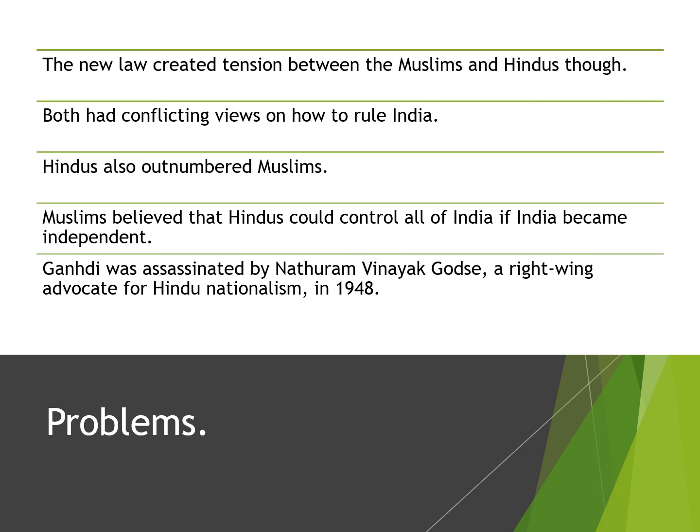Gandhi was assassinated in 1948 by a right-wing advocate for Hindu nationalism, who was later executed himself for murdering Gandhi. That's how Gandhi's life came to an end. But either way, Gandhi had a huge impact on the people of India by helping achieve independence through this new type of movement.